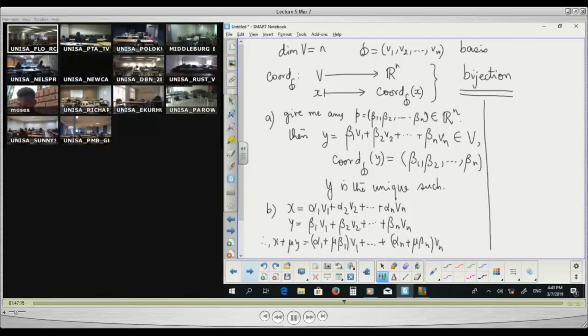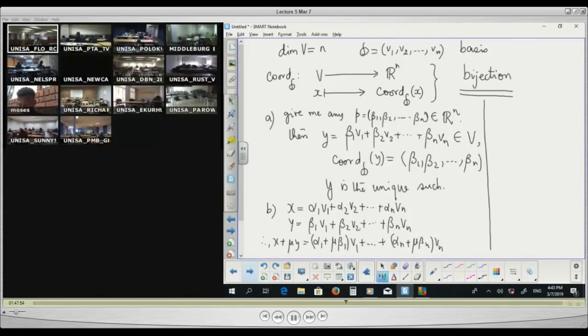Excuse me, sir. Sorry, just take it back. When you're giving us the e to the power x plus mu y, I understand that in terms of the exponential laws, but my question is, how is that preserving the addition? Wait, what is this? This is actually e to the power x plus, right?